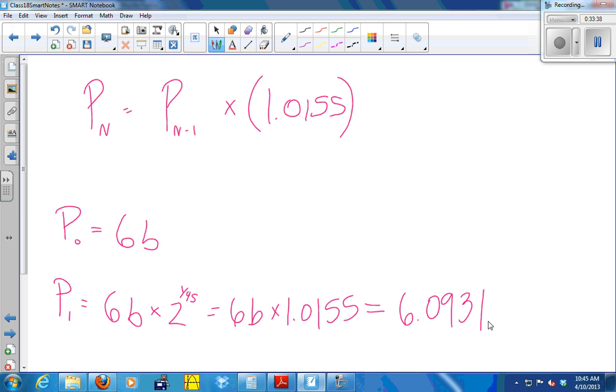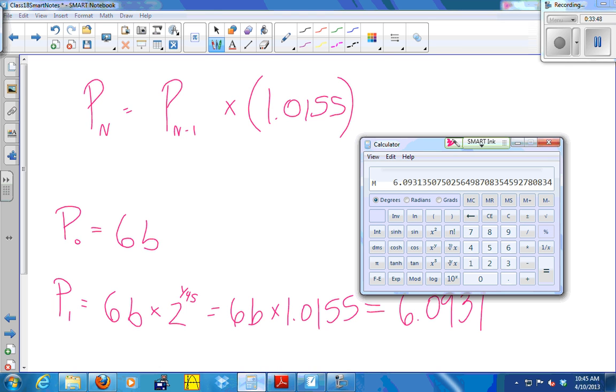So if I have my population in year 0 and my population in year 1, if I divide them, I should get the common ratio. Divide any 2 successive years. My population in year 1 divided by my initial population 6, I get that 1.0155. That's what you multiply by each year.